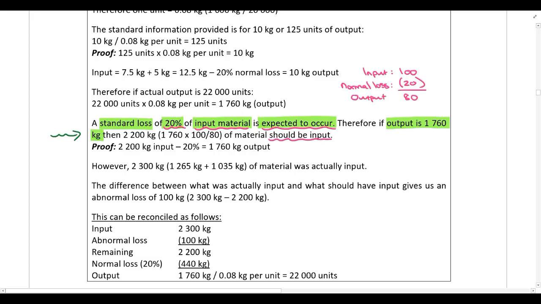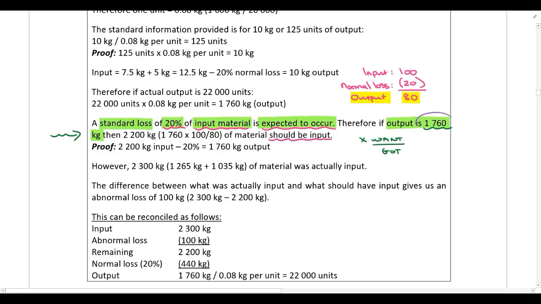All right? So if we are working backwards over here, we know that the output, which is 80%, is 1,760 kilograms. And remember, the maths logic is always you multiply by what you want and you divide by what you've got. Okay? So you take what you've got.